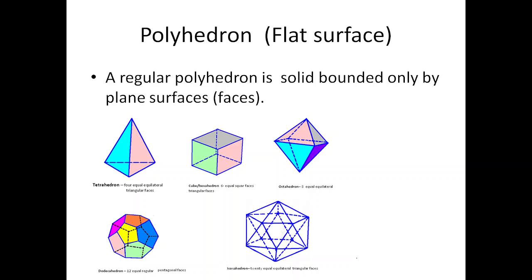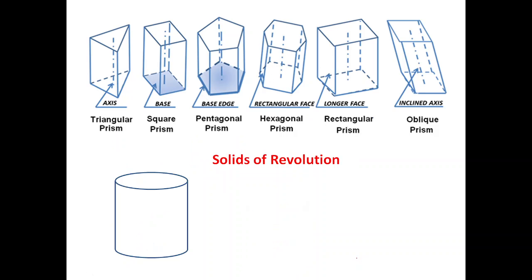These are the examples of polyhedron. First one is triangular prism, square prism, pentagonal prism, hexagonal prism, rectangular prism, oblique prism.